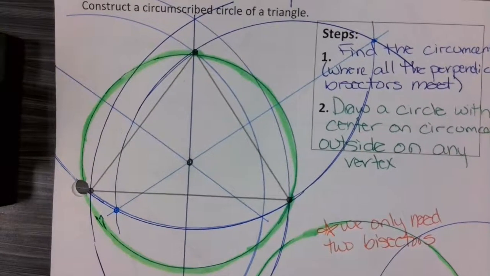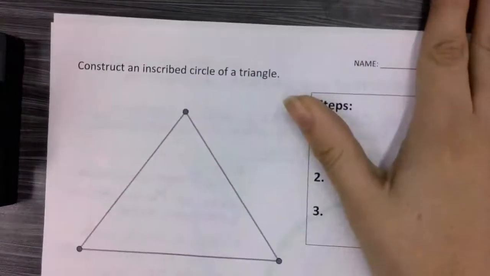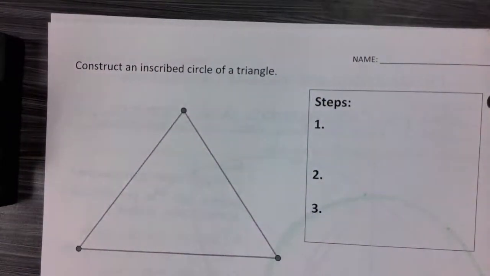Okay. So the next one is the inscribed circle. I want to find the incenter where the angle bisectors meet.